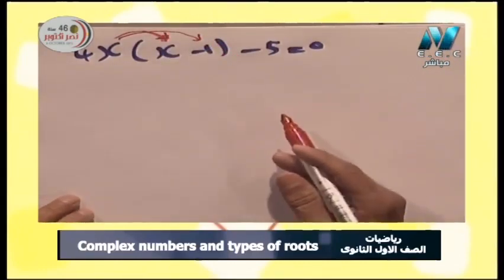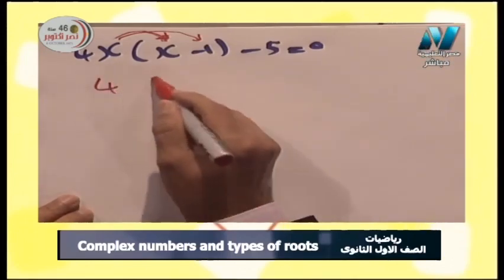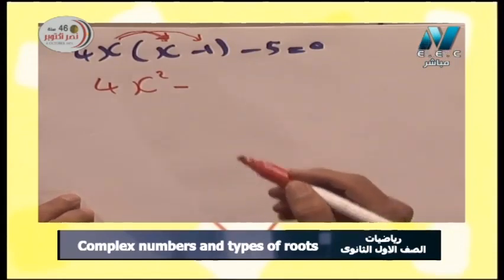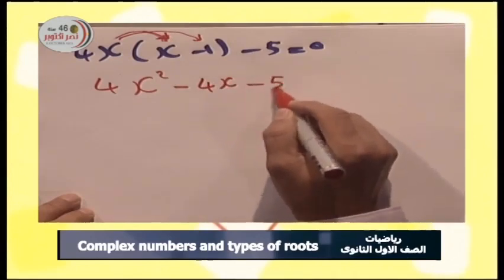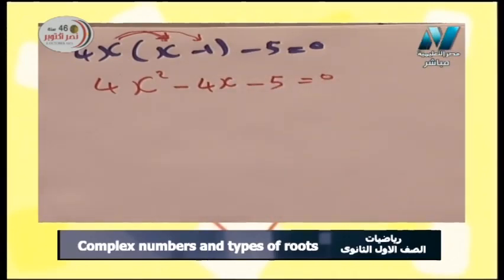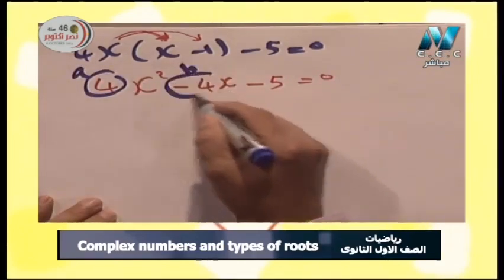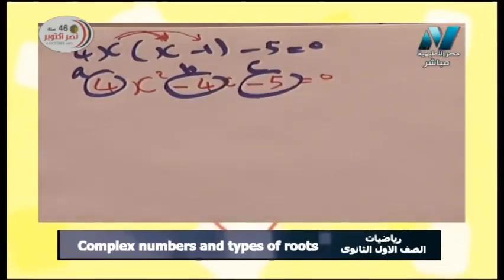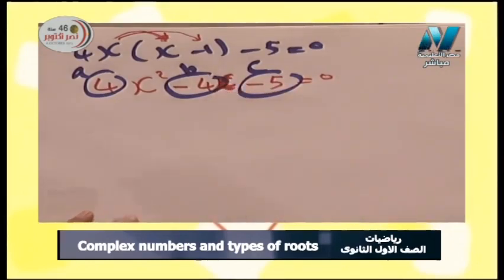Let's simplify: 4x times x equals 4x², and 4x times negative 1 equals negative 4x, and we have negative 5 equals 0. So it is easy to find that a equals 4, b equals negative 4, and c is negative 5.